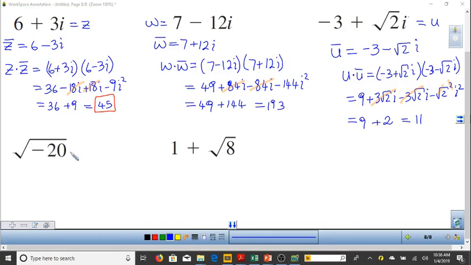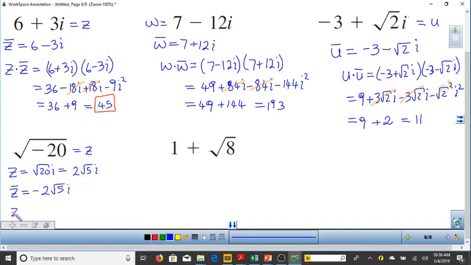Now let's take a look at this one here. Let's go back to Z here. So Z really is square root 20 times i, also known as 2 square root 5 times i, because square root 20 is square root 4 times square root 5. So the conjugate is negative 2 square root 5 times i, because that's the imaginary part.